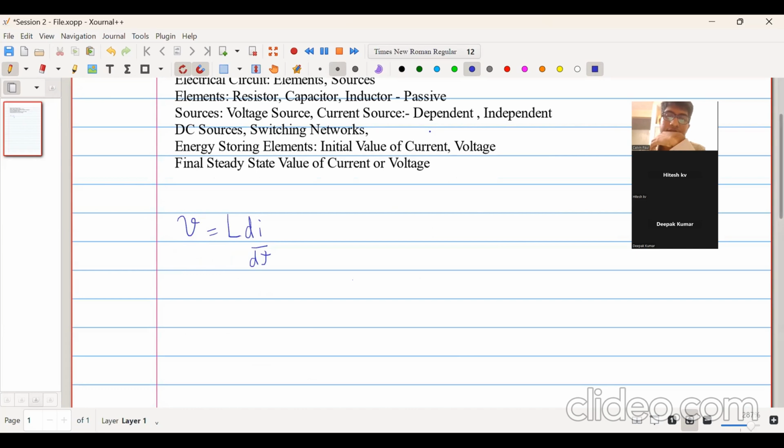Then what will be the voltage across the inductor? Zero. So in case the current has a constant value, the voltage across the inductor will be zero.